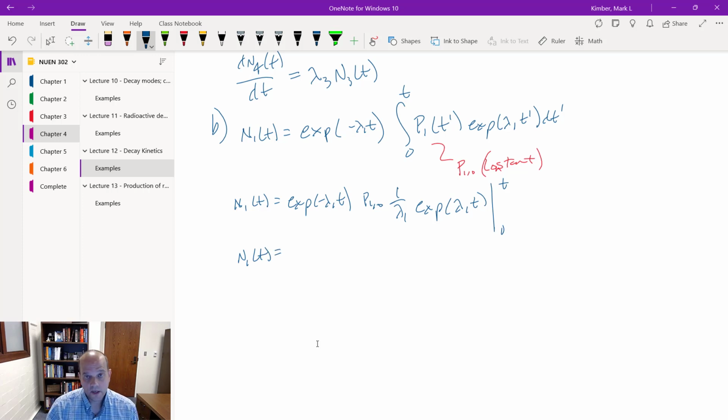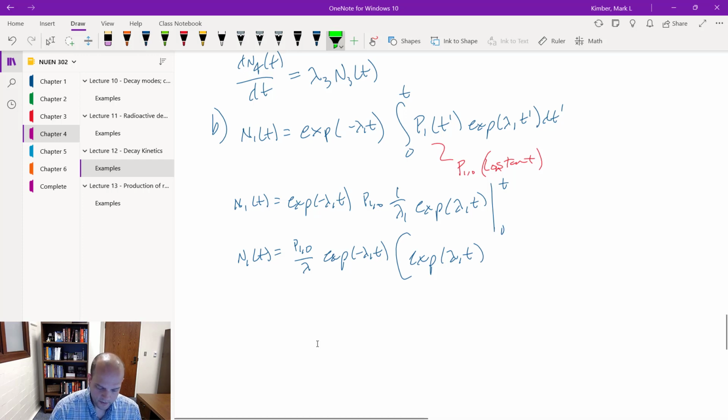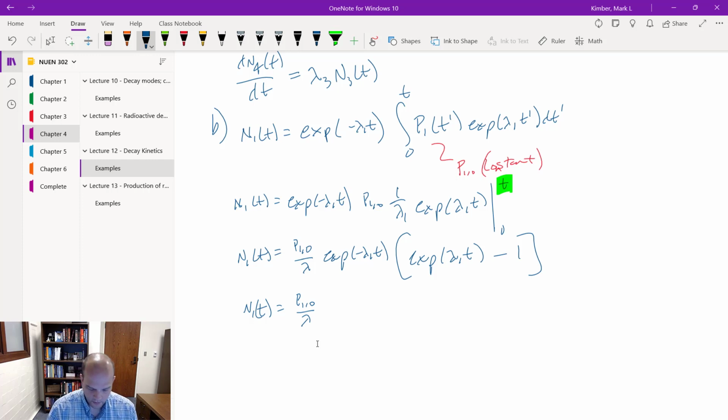So I've got P1 over lambda 1 times the exponential of lambda 1 t times the exponential of minus lambda 1 t, evaluated at the upper bound. And when I evaluate at the lower bound of 0, I get minus 1. And so N1 of t is going to be P1 naught over lambda 1 times, if I multiply this through, 1 minus the exponential of negative lambda 1 t.